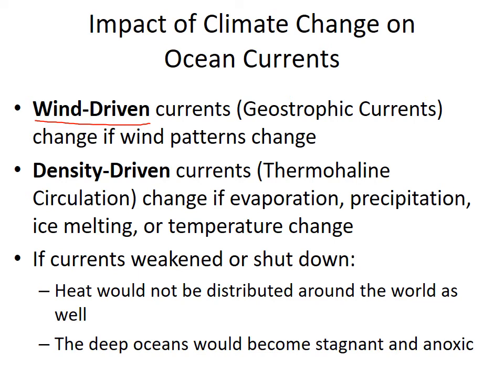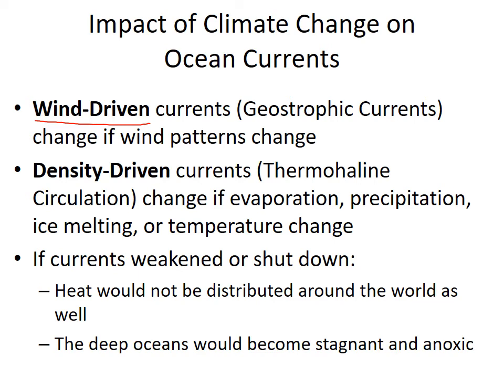And as the wind patterns change, so the current patterns change, and that means that the delivery of different water masses to different parts of the world and the temperature regulation effects that are provided by those big currents change as the current patterns change.